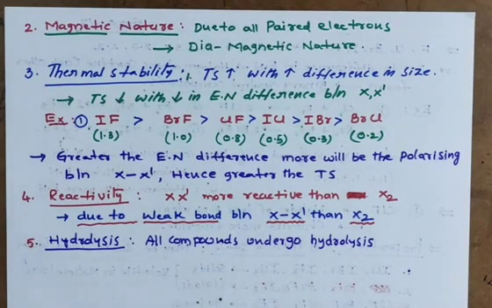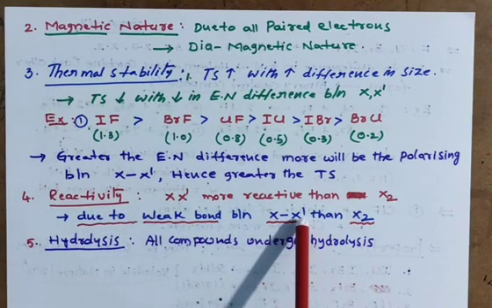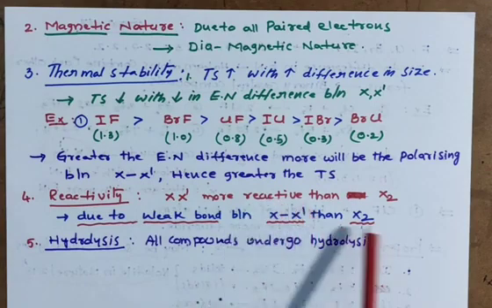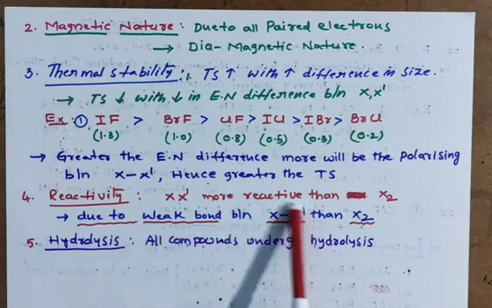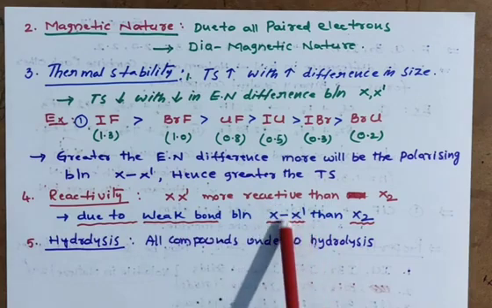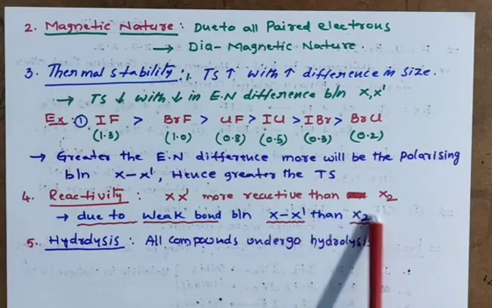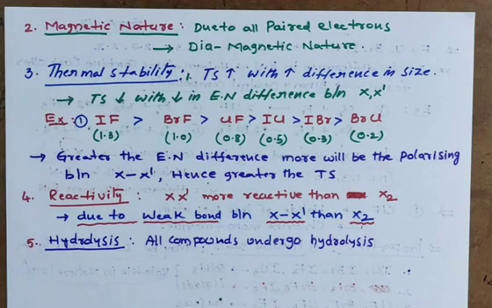All undergo hydrolysis and form respective products. Here you remember why interhalogen compounds are more reactive than halogens: because of the weak bond between X and X dash. Electronegativity difference is there, that's why the bond is very weak. Here, same electronegativity, that's why very strong when compared. These are the main properties of these compounds.